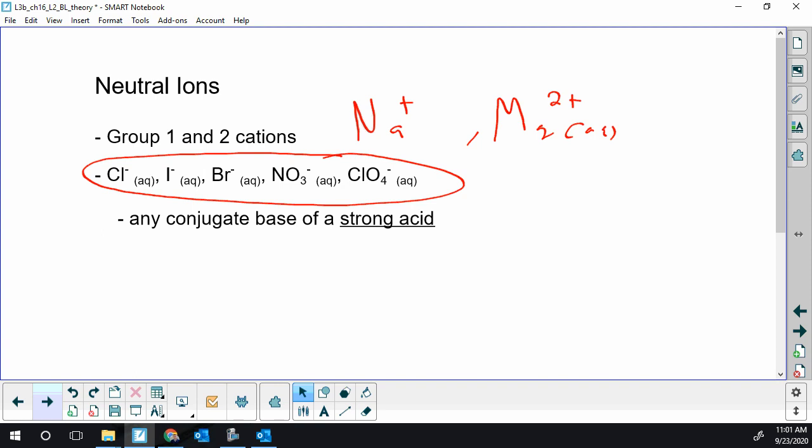Any conjugate base of a strong acid is not a Bronsted-Lowry acceptor of a hydrogen. It doesn't pick it up. Our oceans are filled with chloride, and those chloride ions do not pick up H's and make hydrochloric acid in our oceans. That does not occur.